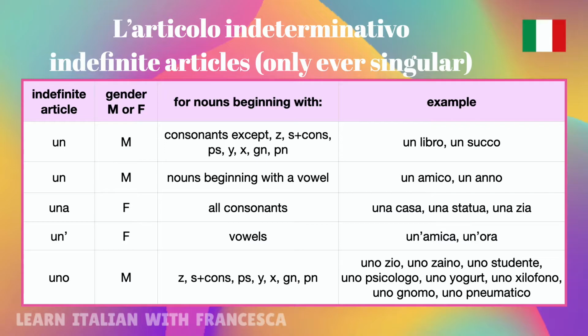The last row is for uno, again singular, masculine, and we use it for nouns that begin with the Z, S followed by another consonant, PS, Y, X, GN or PN. Let's look at these examples. Uno zio, an uncle. Uno zaino, a backpack.